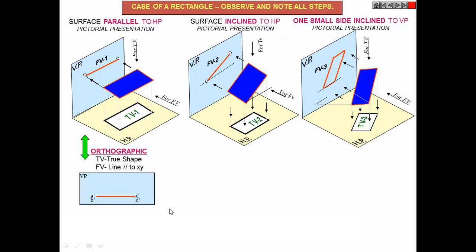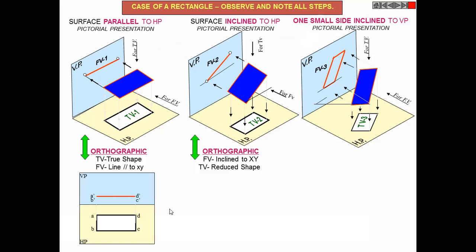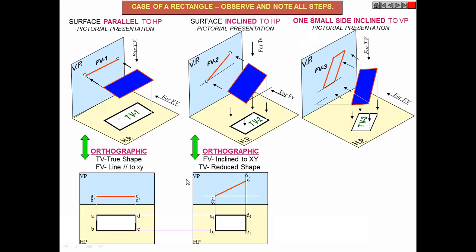So the steps will be like this. First step is this: we assume it is parallel. Then we incline it with the horizontal plane. This was assuming parallel to horizontal plane and perpendicular to VP. Now pay attention carefully. First we draw the front view and top view.